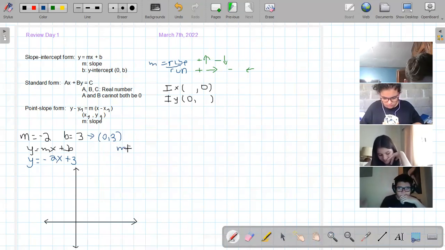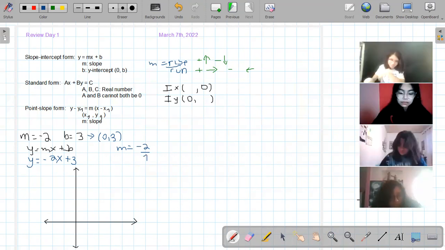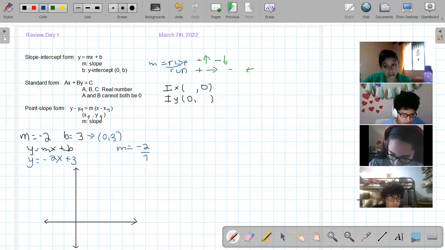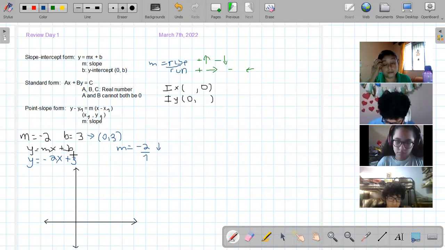So the slope is going to be -2 over 1, because I need to have it as a fraction. Okay, let's find the rise and the run. -2, that's the rise. To which side does it go? Down. And +1? To the right, very good.